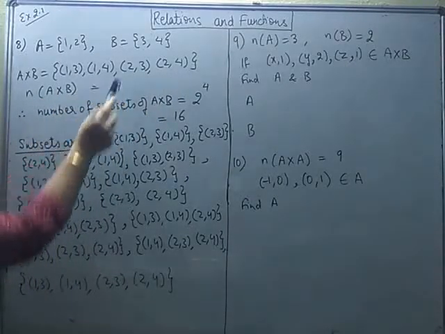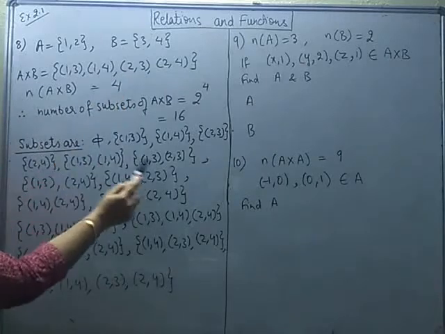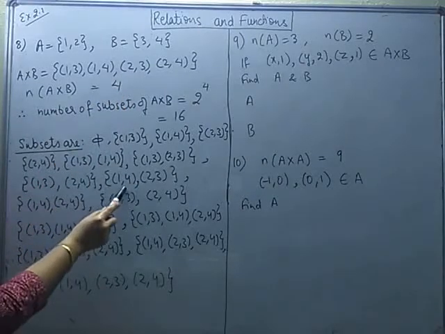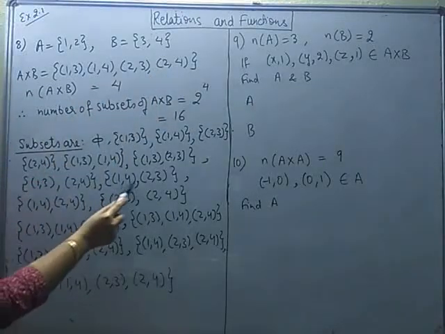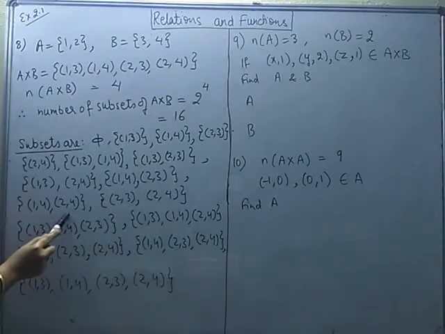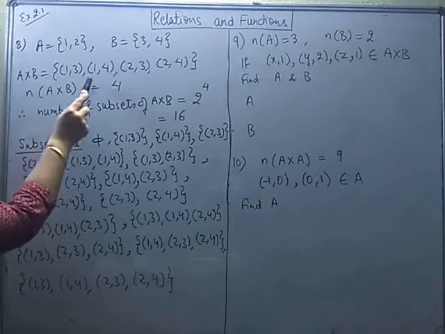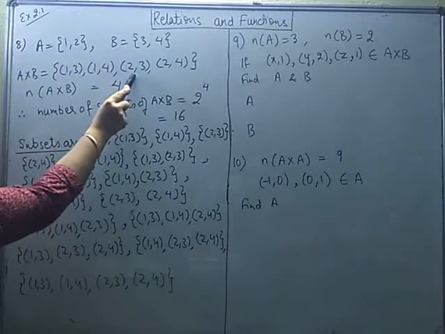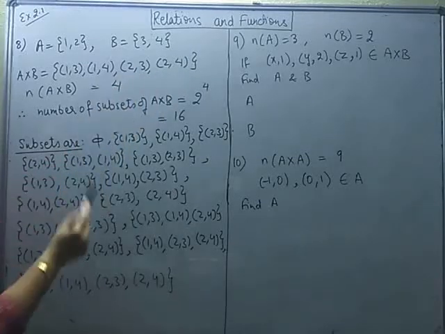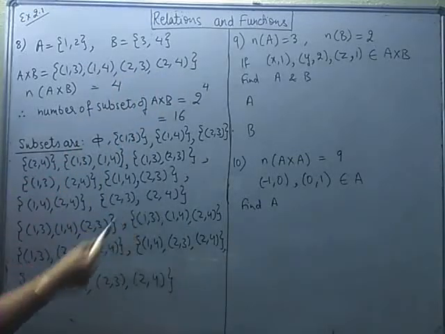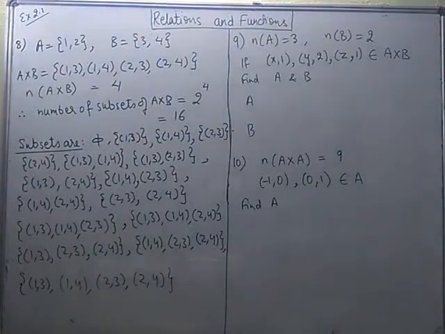Now 1, 4 pairs with 2, 3 and then 1, 4 pairs with 2, 4. So done with this also. Coming to 2, 3, it has to pair with only one left out pair, which is 2, 4. So 2, 3 paired with 2, 4. So all the sets with 2 pairs we have written.